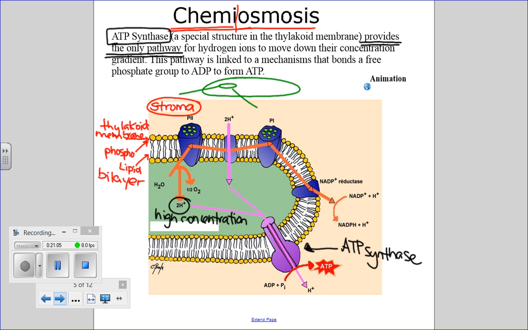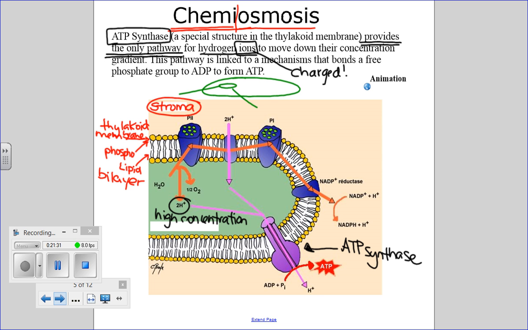And the idea with osmosis is that molecules are trying to spread out. So these hydrogen ions want to get out of the thylakoid. They want to go out into the stroma so that concentration is more equalized. But since hydrogen ions have a charge, that's what an ion is. It is a charged particle.